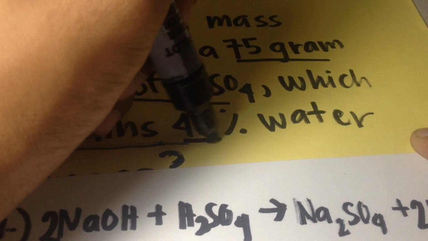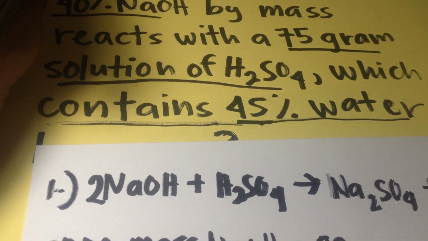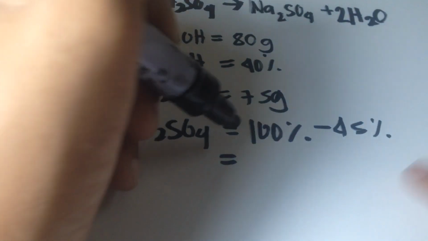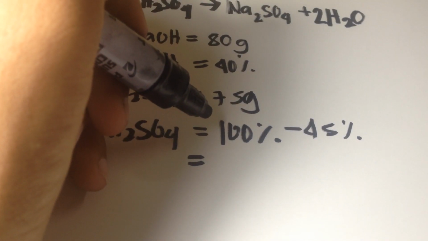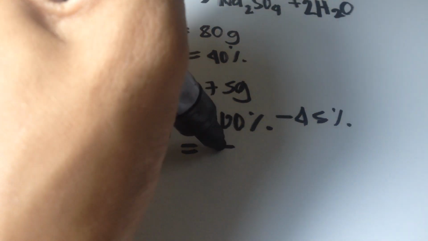So 100% minus 45% equals 55% of sulfuric acid.